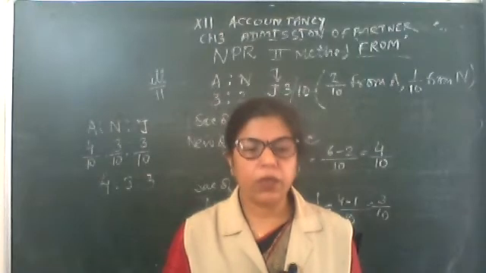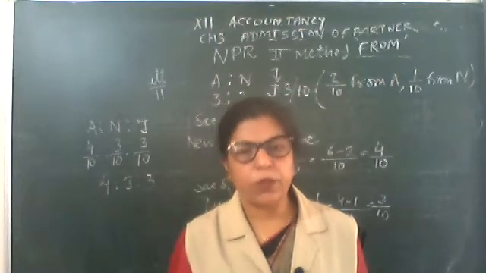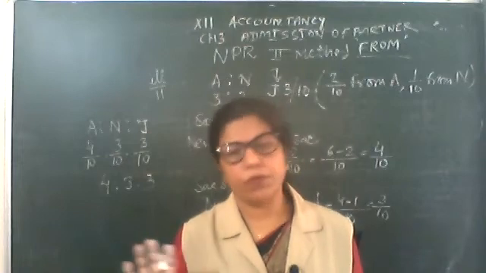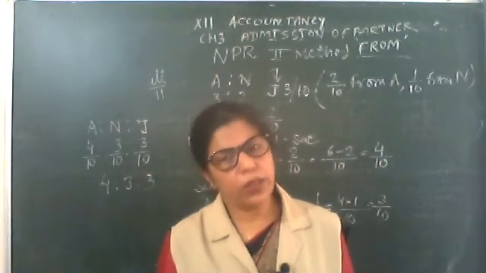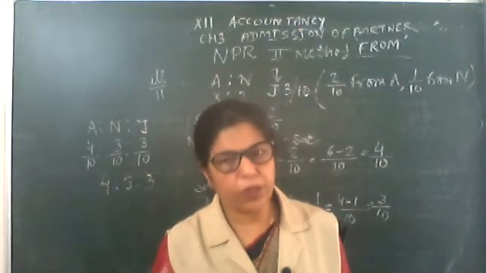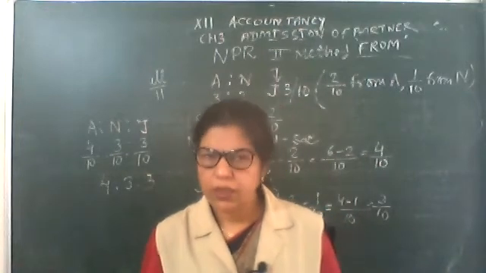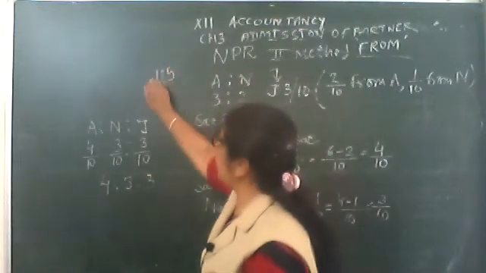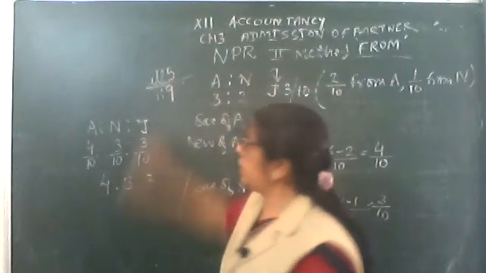Maybe only one or only two partners will sacrifice and another partner may not. So in this condition, don't worry, the method and formula will be the same. This is illustration 5, again NCERT, page number 119.